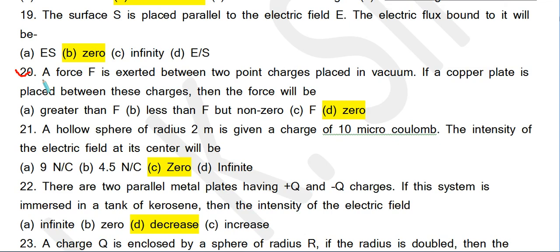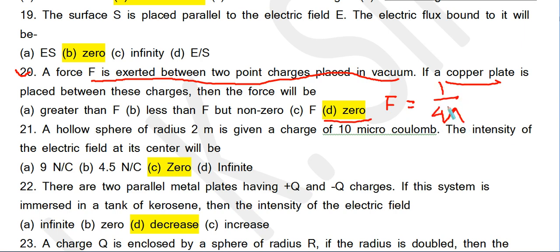In question number 20, a force F is exerted between 2 point charges placed in vacuum. If a copper plate is placed between these charges, then the force will be 0, because the formula for the force is F equals 1 upon 4 pi epsilon naught q1 q2 upon r square.